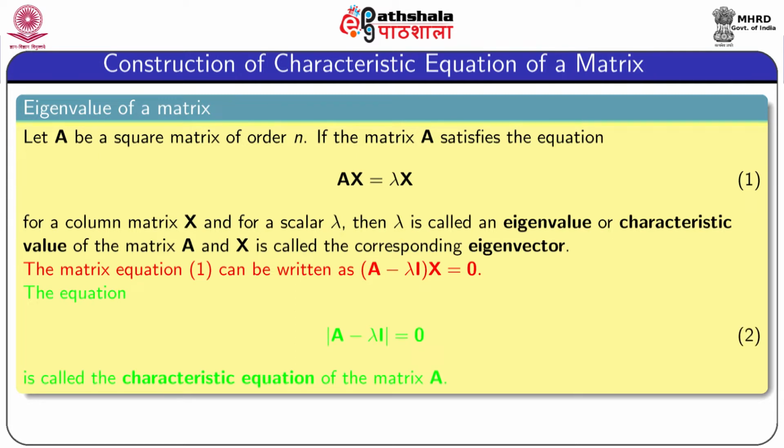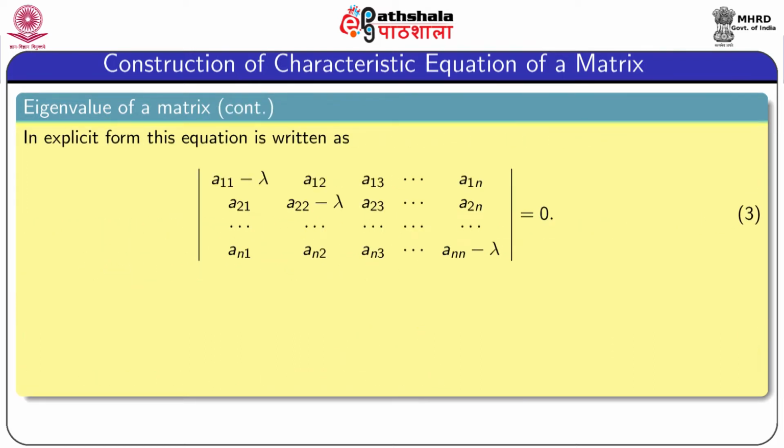The equation determinant of (A minus lambda I) equal to 0 is called the characteristic equation of the matrix A, and this is the very important equation to find the eigenvalues and eigenvectors of the matrix A. In explicit form, the characteristic equation or equation 2 can be written as in equation 3.